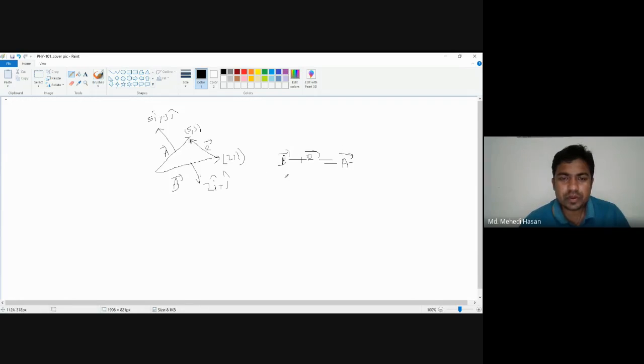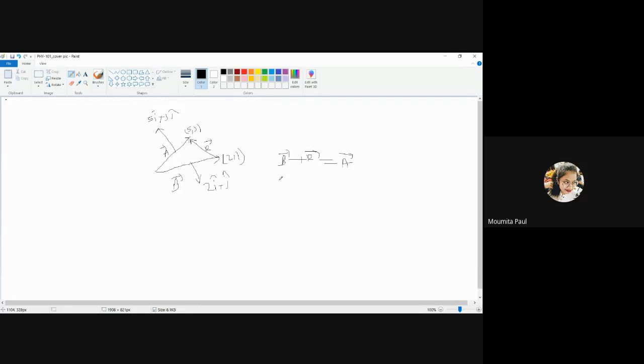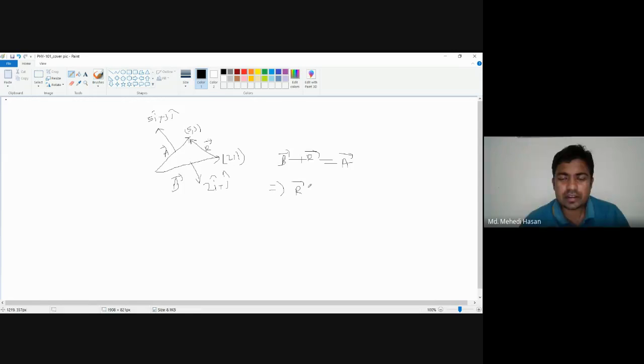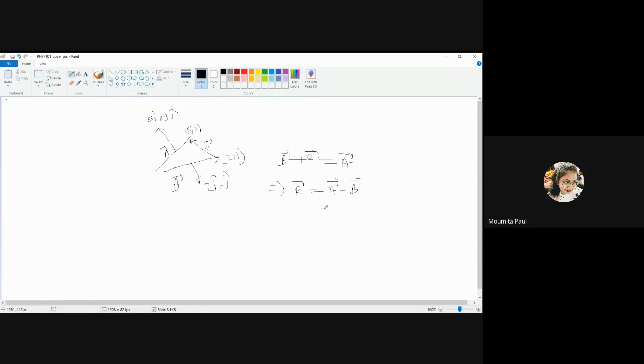Is it clear to you? Sir, yes. If we have to find R, then R is A minus B. Sir, the answer was minus 5i plus 3j, but there was no such option. The option was 5i plus 3j.